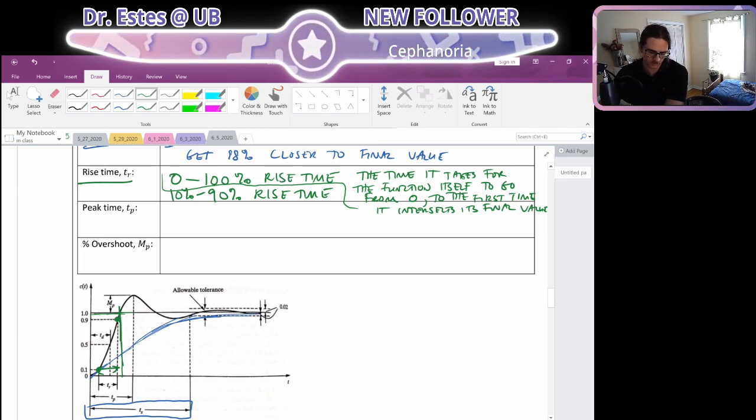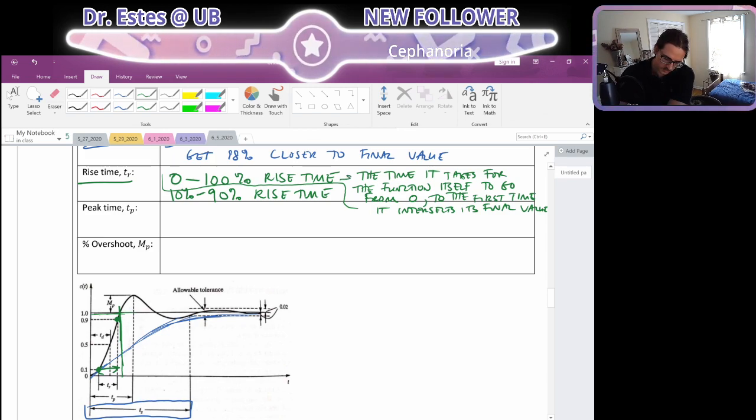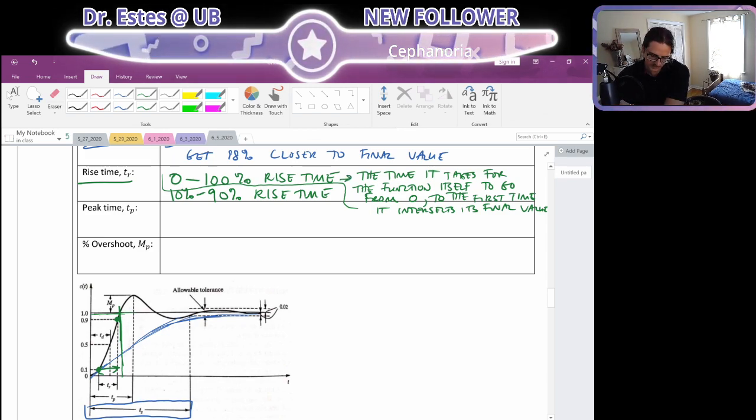So that's the 0 to 100%. To go from 0 all the way to the very first time it intersects its final value.